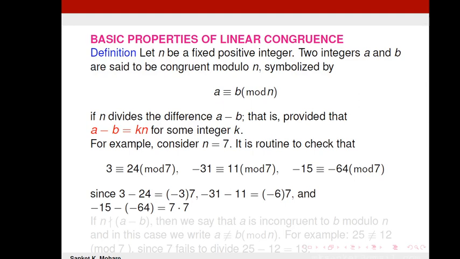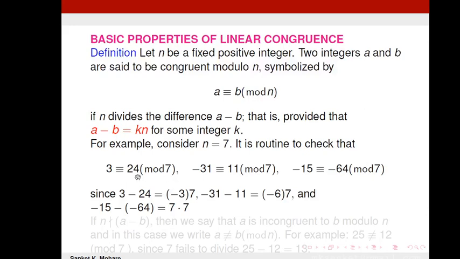For example, consider n is equal to 7. So we check whether 3 is congruent to 24 modulo 7. Now we compare this congruence relation with the definition. So here the value of a is 3, the value of b is 24 and n is 7.